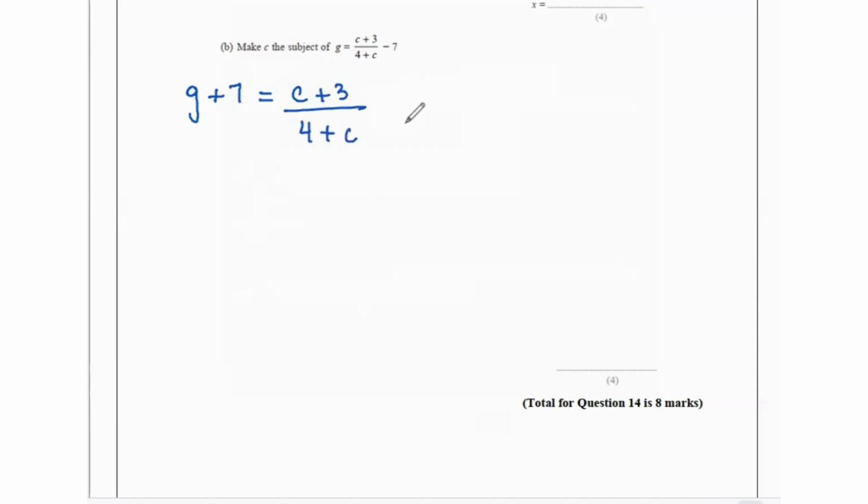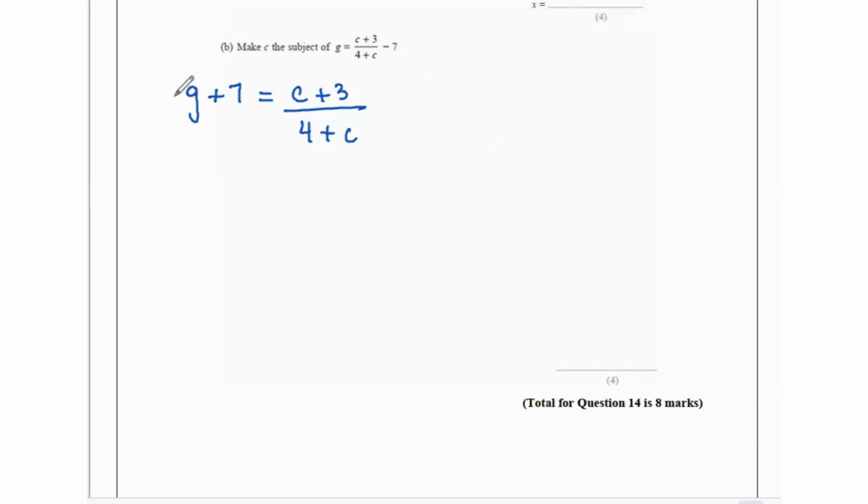Remember, when we're moving a term from one side to the other, if it's negative initially, on the other side it becomes positive. If it's positive initially, on the other side it becomes negative. If initially it's multiplying something, when you move it to the other side, it divides. So whatever function it's performing on one side, when you move it to the other side, it does the opposite.